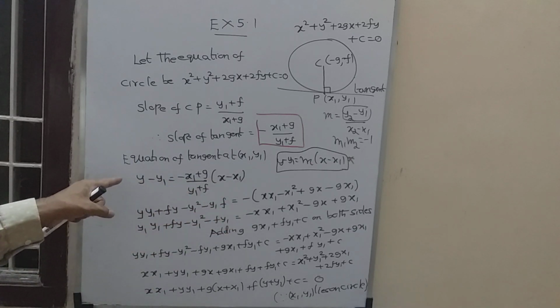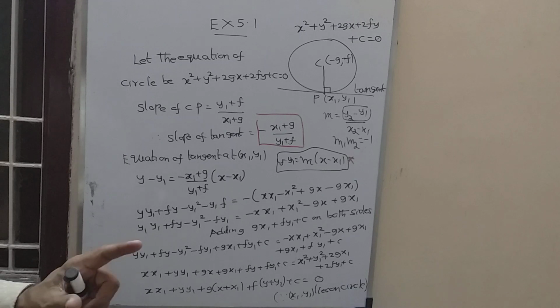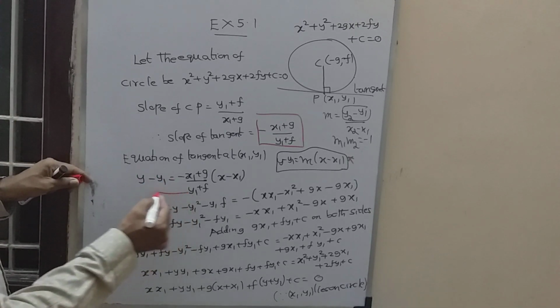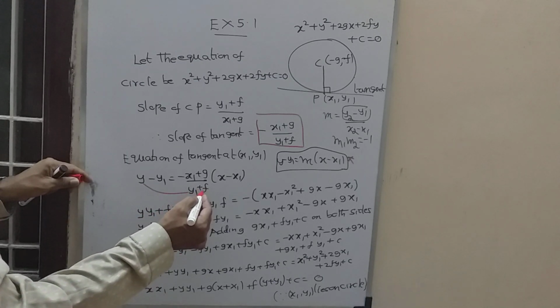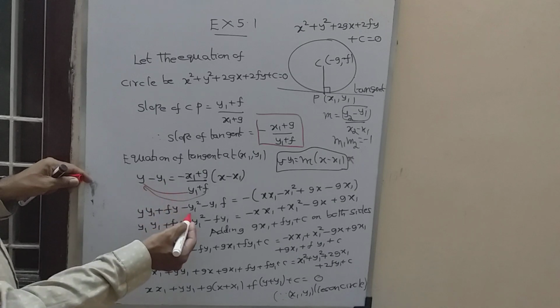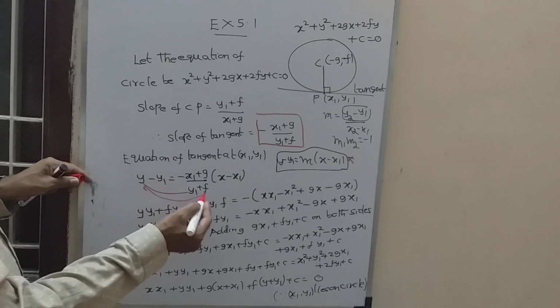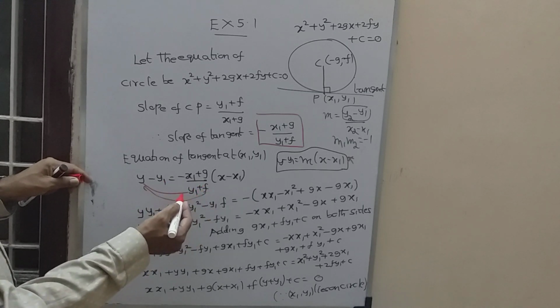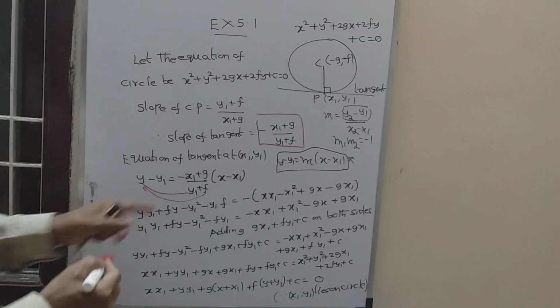After this, it is pure mathematics, simple rearrangement. See, you cross multiply: y1 into y, then f into y, like this. Again, y1 into y1 gives y1 square, because minus is there here, then minus y1 f. One step I am not writing, students, because space is not there.